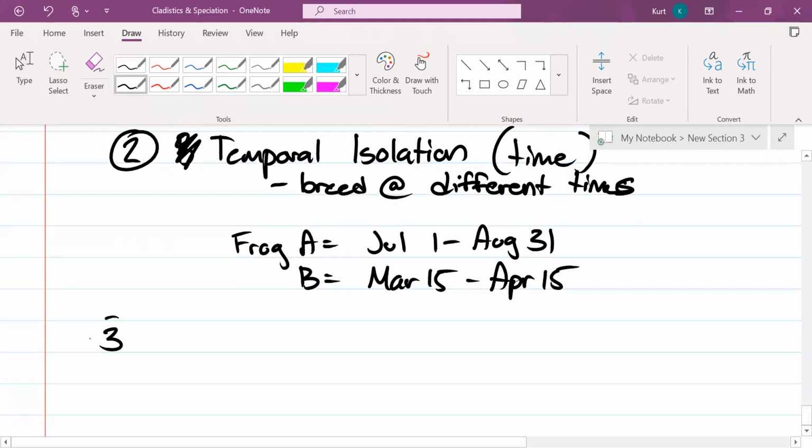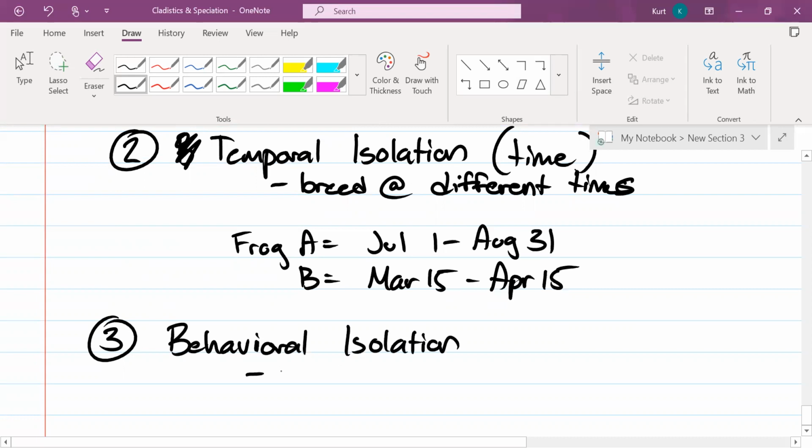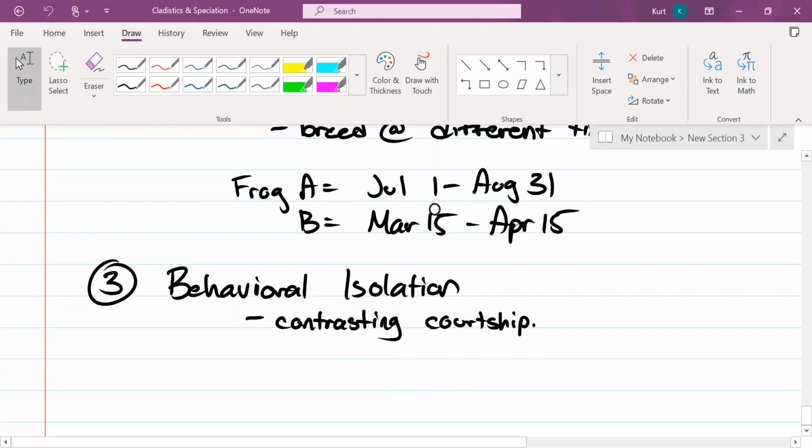Number 3 is behavioral isolation. This is going to be contrasting courtships. Now, courtship is where you're really trying to form a relationship with someone or something that you're interested in.